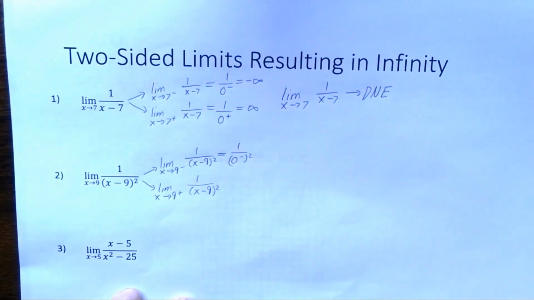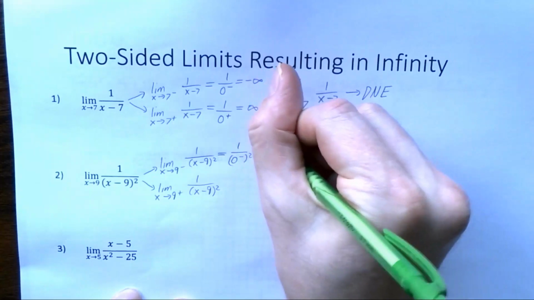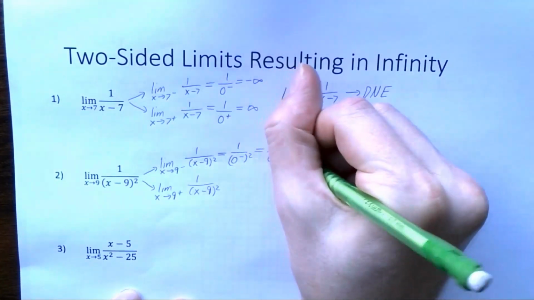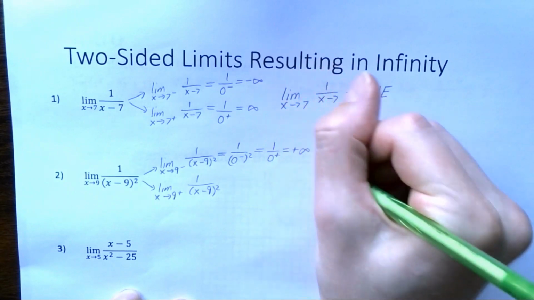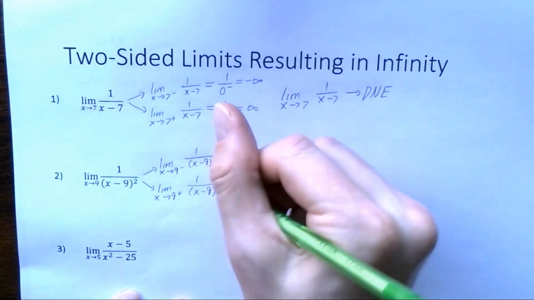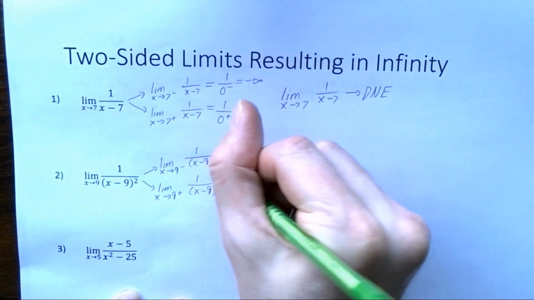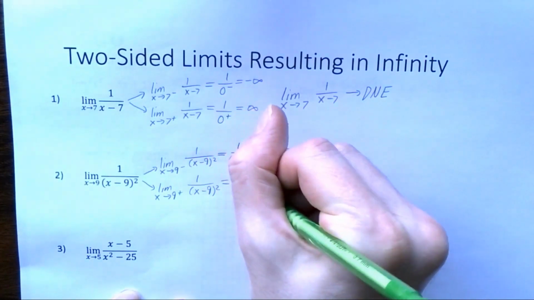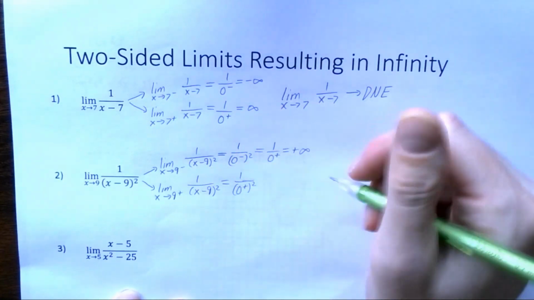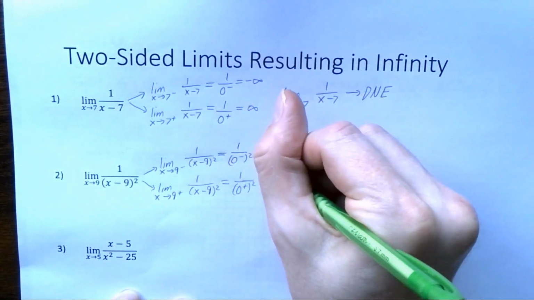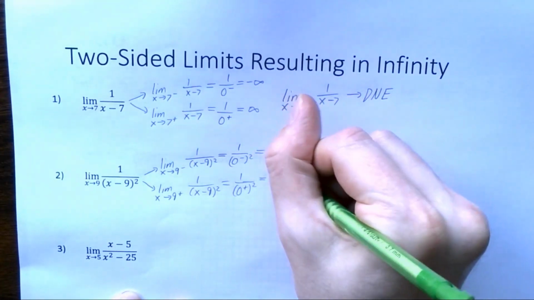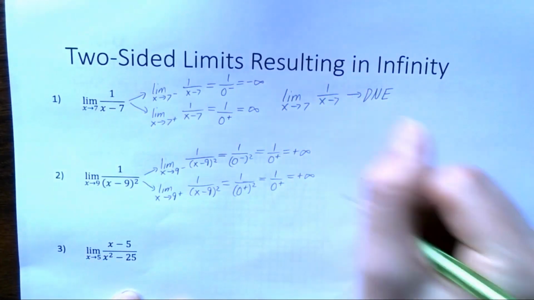Negative times a negative is a positive, so that's 1 over 0 with a plus. So that's positive infinity. Then for the other one, this is 1 over 0 with a plus, squared. Positive times a positive remains a positive. And that's also positive infinity.